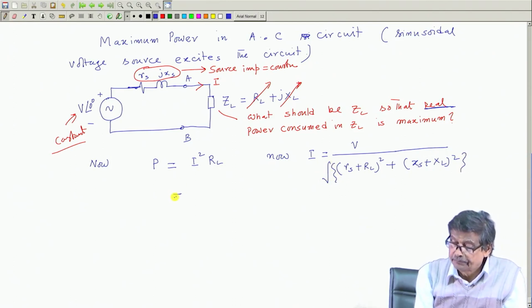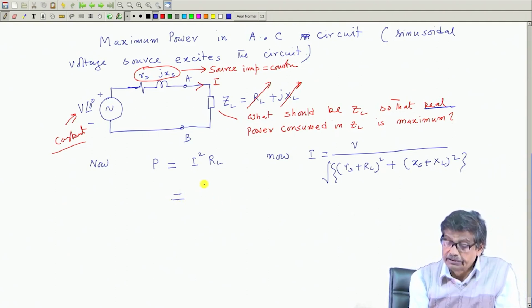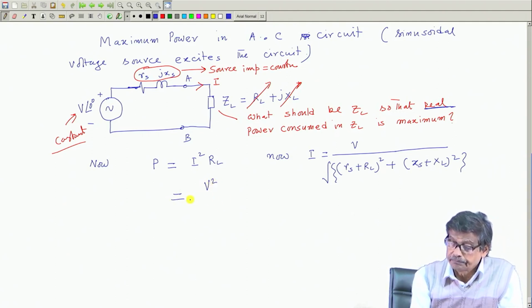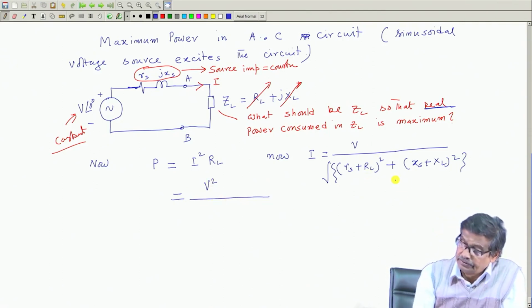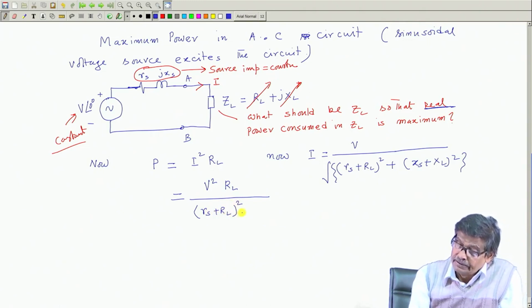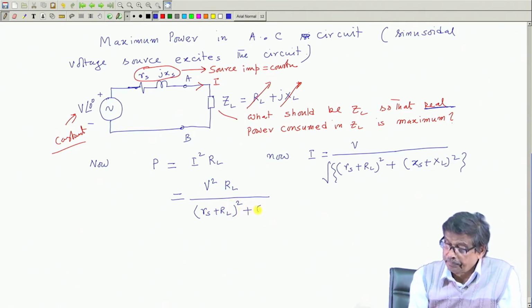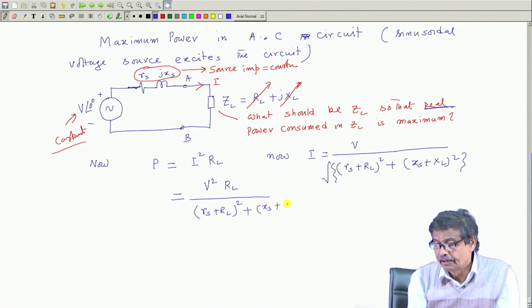So, put it here. It looks like it will be V squared. This is an algebraic equation, mind you, voltage by impedance decides the RMS current, we know that. So, the power will be equal to V squared into RL divided by (Rs plus RL) squared plus (Xs plus XL) squared.